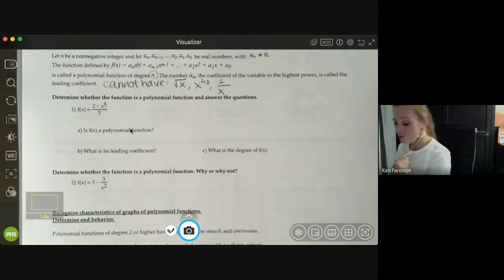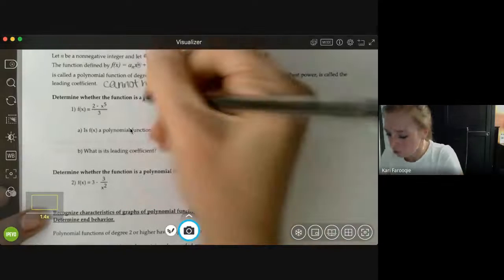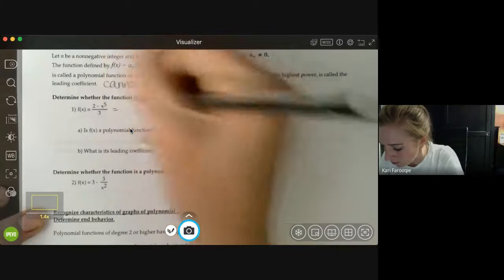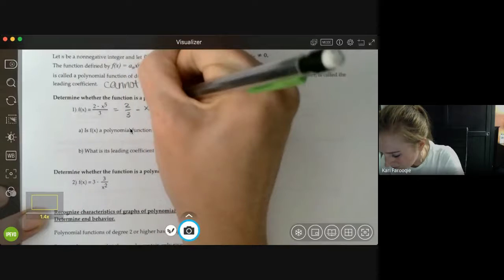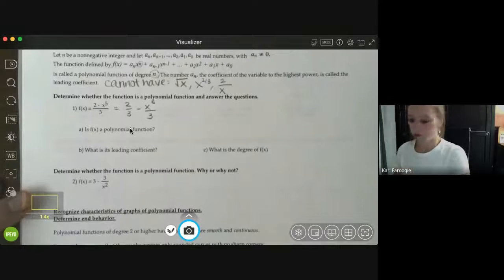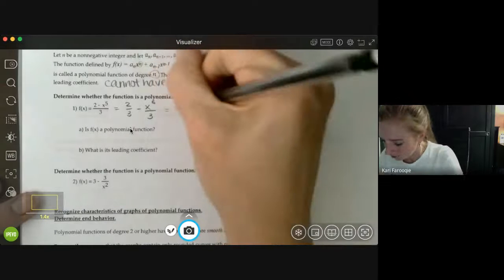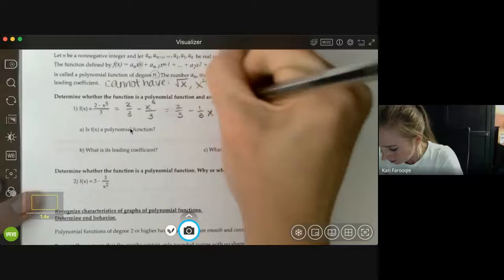Beth is right. It is a polynomial function. And some of you might be thinking, well, it's a fraction. How can it be a polynomial? Doesn't matter because the denominator doesn't contain any variables. And because of that, you can rewrite this if you really wanted to, using that common denominator like this. And you still would have a polynomial function. You could even write it like that.